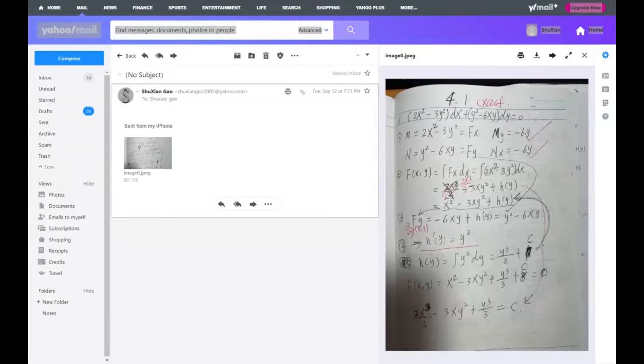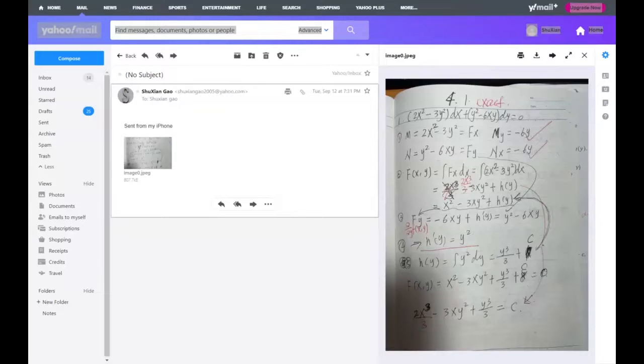Second step, looking for f(x,y). You can integrate f_x dx, or you can integrate f_y dy, but I choose to integrate f_x dx.